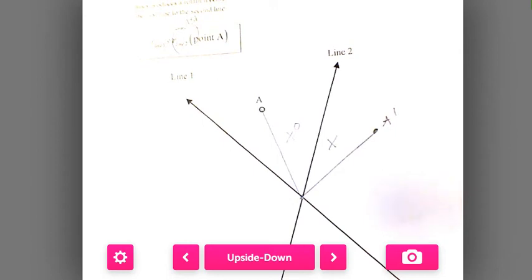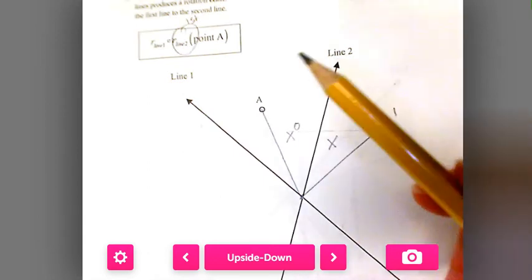What do I need to do next? What do I need to do before I can reflect over line 1? Layla, I'm not calling on you anymore. You put your hand up. What do I need to do first? I know most of the class knows this. I saw your reviews.